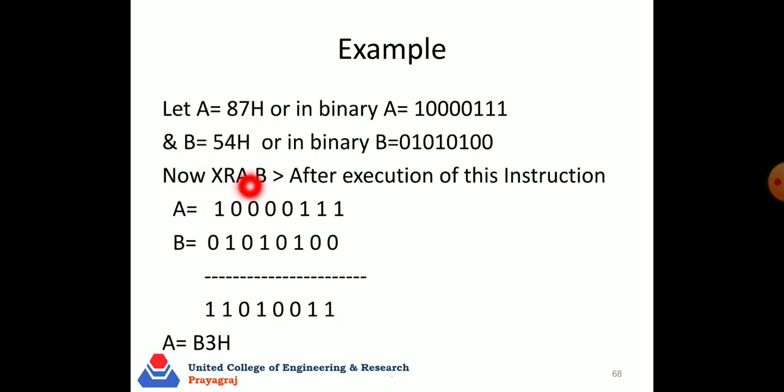Now if we execute XRA B, after execution of this instruction, what happened? So first we have to know about the truth table of the XRA operation.